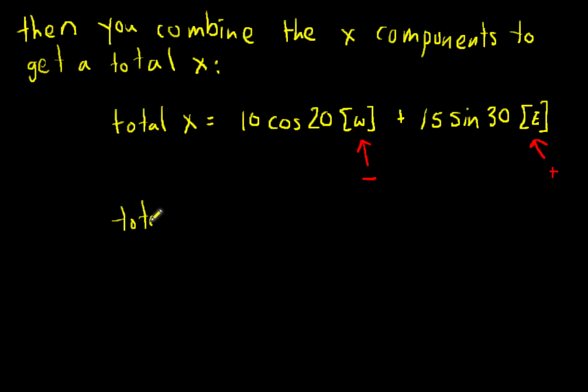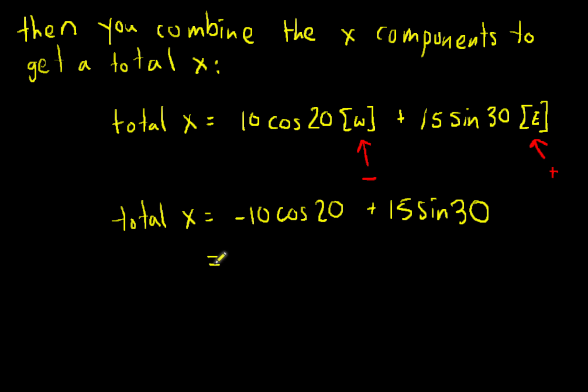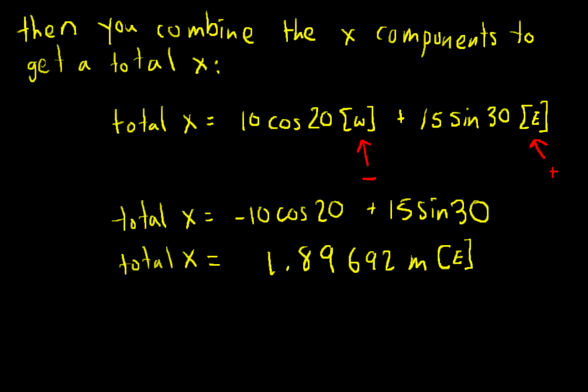This means that the total x is negative 10 cos 20 plus 15 sine 30. This equals 1.89692 meters, and since it's positive, we know it's east. Be really careful. Don't round this too early or you're going to embed rounding error into your calculations. Save the decimal places and round at the very end.